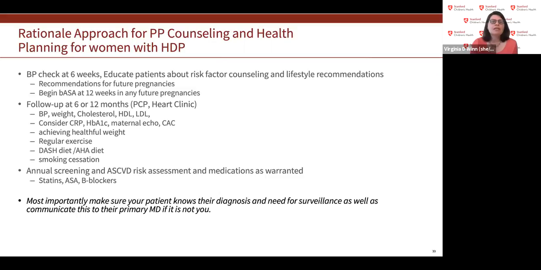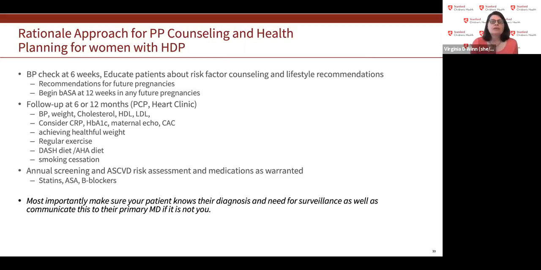So I think a rational approach for postpartum counseling and health planning for women with hypertensive disease in pregnancy is obviously checking blood pressure at the 6-week visit, and educating patients about the risk factor of their hypertensive disease and the lifestyle recommendations that go along with that.